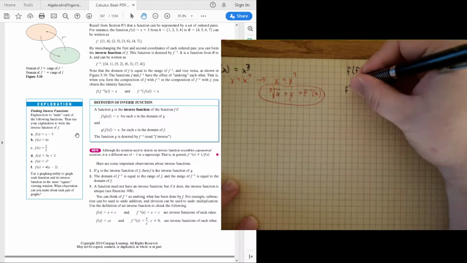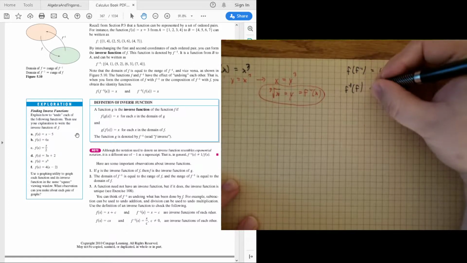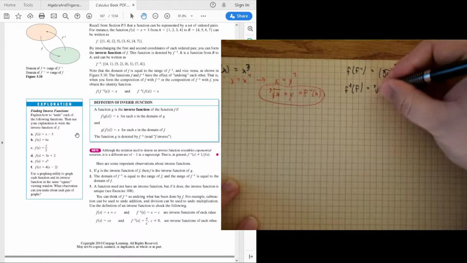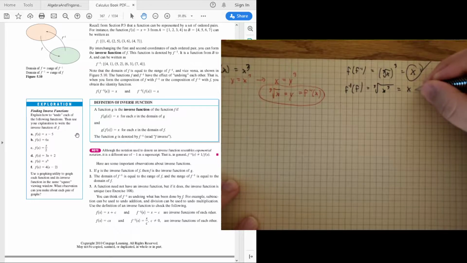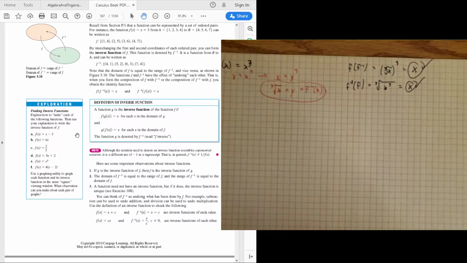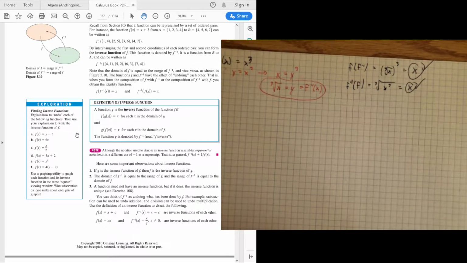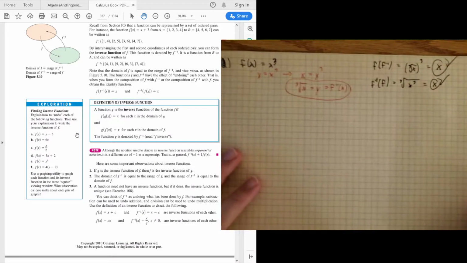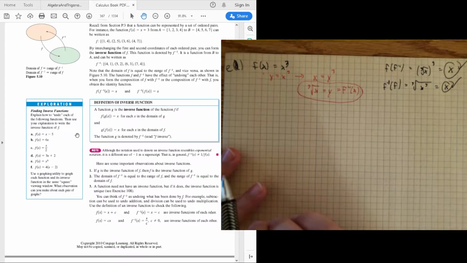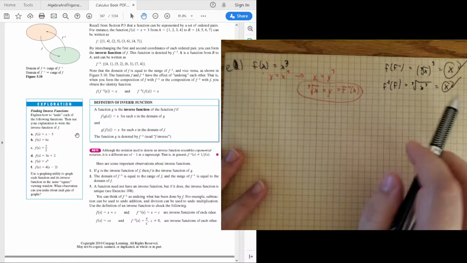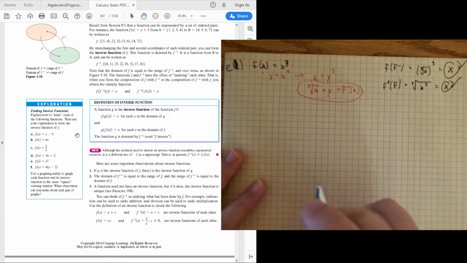And if you did f inverse of f, so we did the cube root of x cubed, we still end up with x because they cancel. This is just one of those properties of these kinds of functions, is that no matter what function you're given, you can find a function which is an inverse to it, meaning it will always result in x by itself when we substitute it into itself.